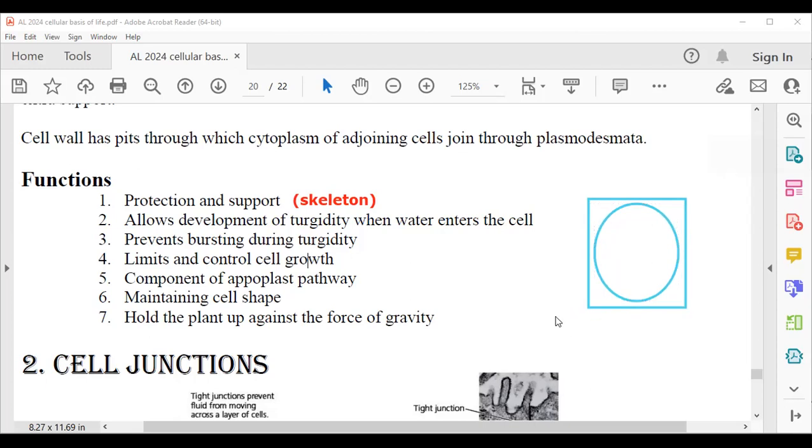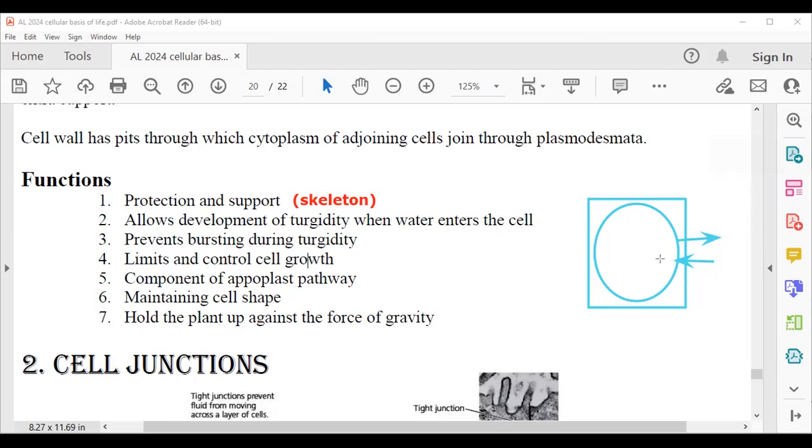When it presses the cell wall, that means it applies a force on the cell wall. As a reaction, the cell wall will apply an opposite force. Understood? That is very important to get that stiffness.